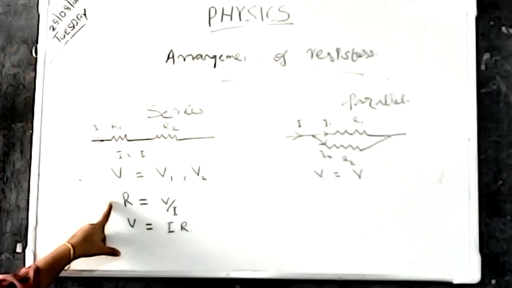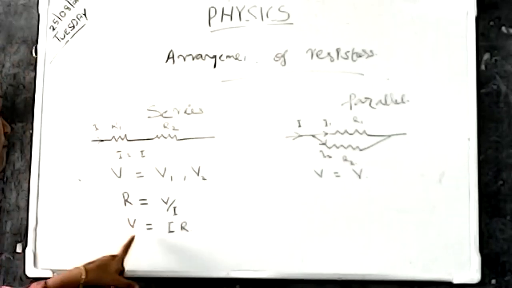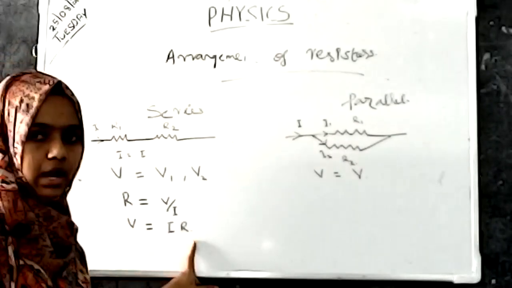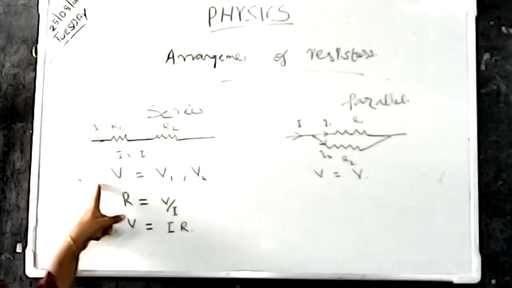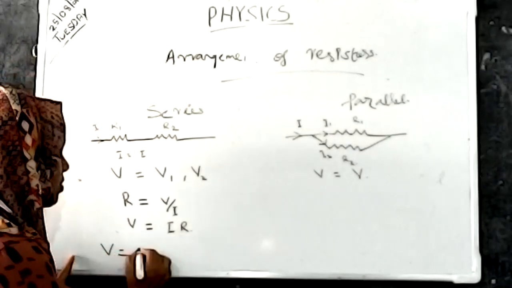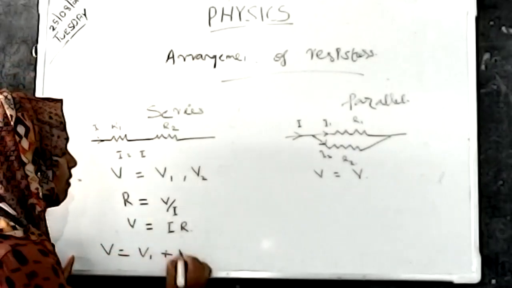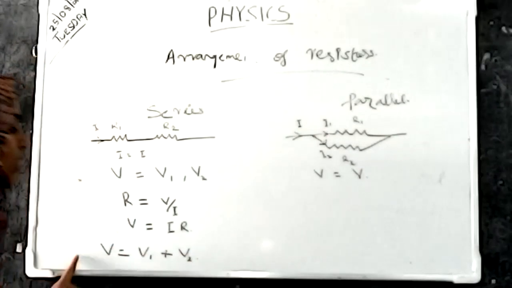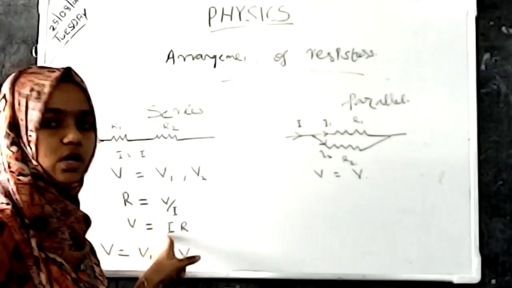Okay, R is equal to V by I and V is equal to IR. So here V is V1 and V2, so V is equal to V1 plus V2. And here the current is not changing.